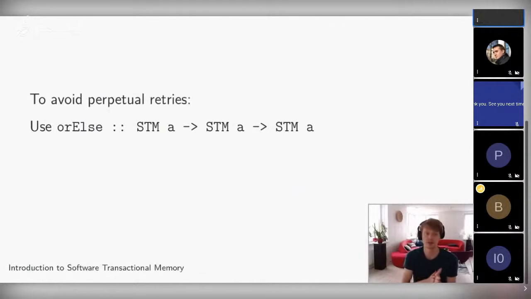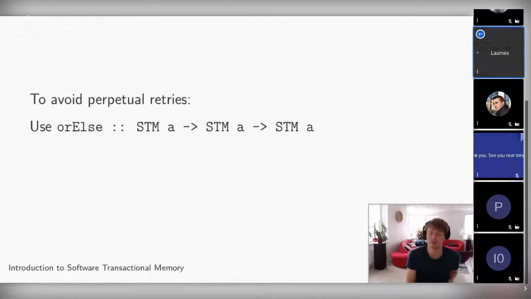And there's this function, which is called orElse. It basically takes two STM actions. If the first action succeeds, then the first action is the result of the entire thing.